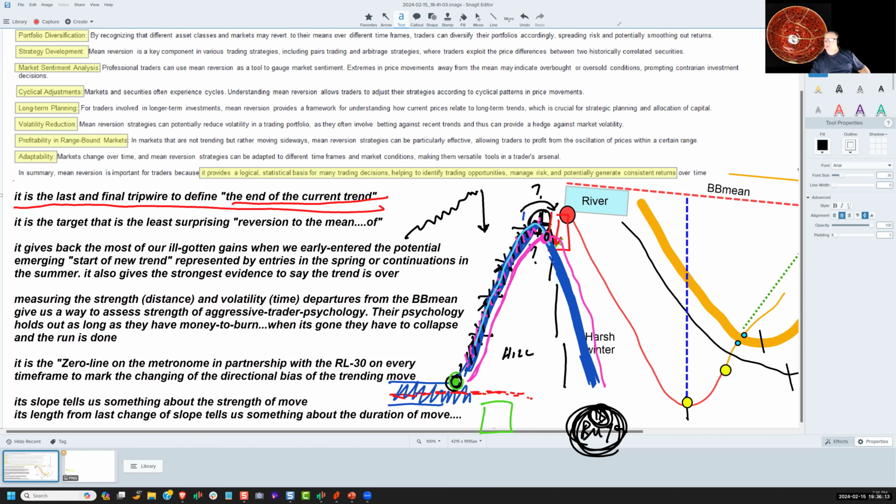The next closer one is usually the dragon. So this is a 10 period simple moving average. And that's going to look like this. I have to draw it a little bit wider because it's a Bollinger Band, right?